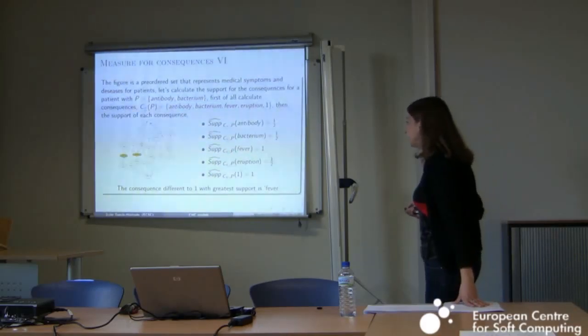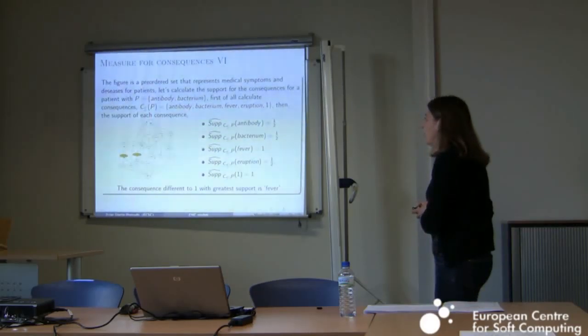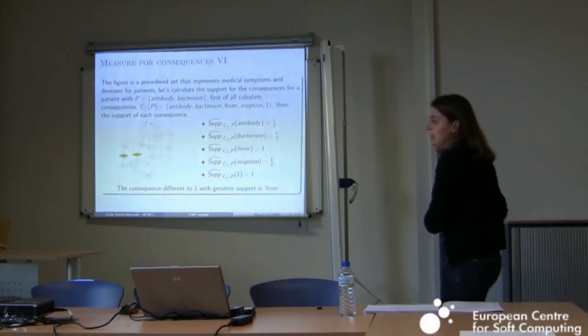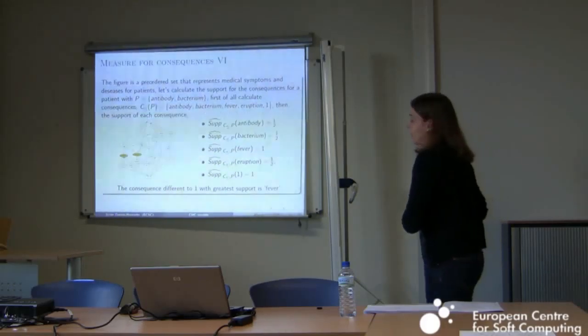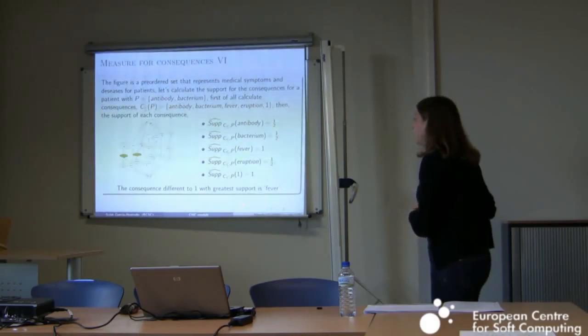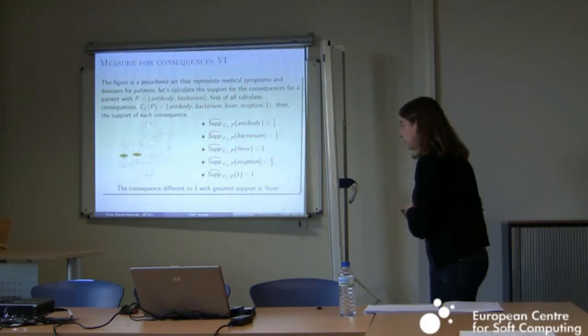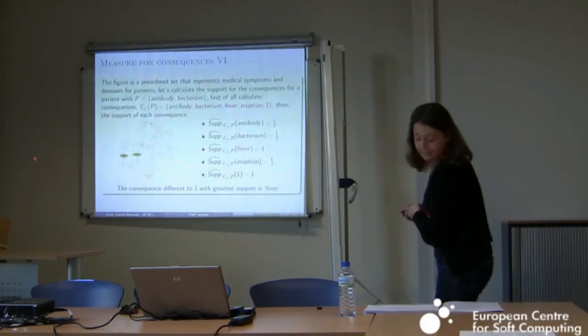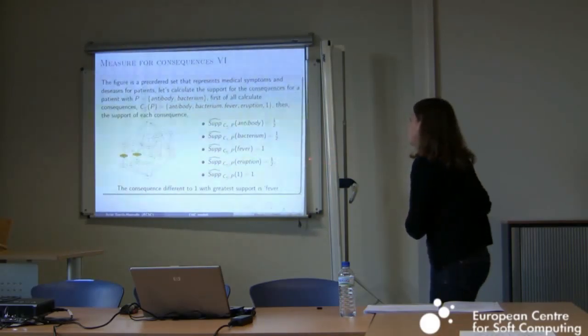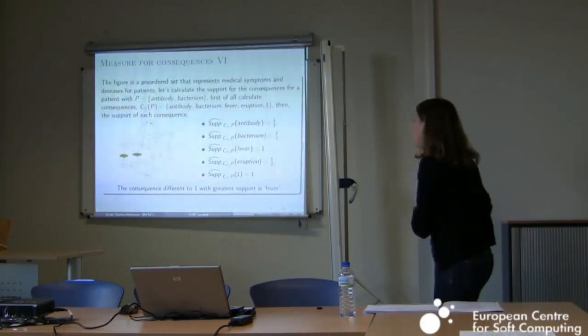But fever comes from a bacterium or antibody. So it is 2 divided by 2, that is 1. Eruption only comes from bacterium. So it has degree a half.